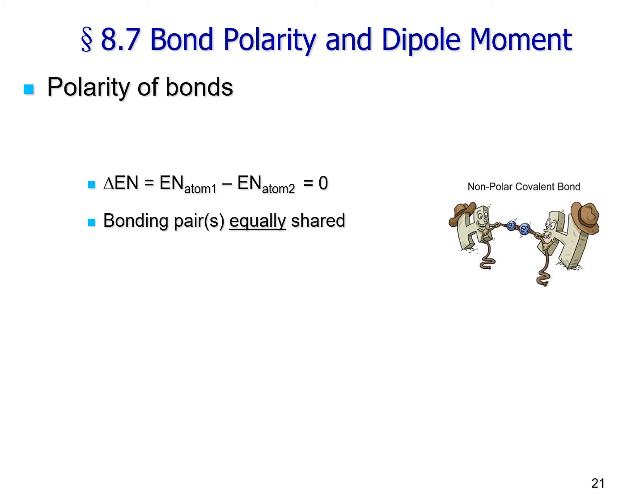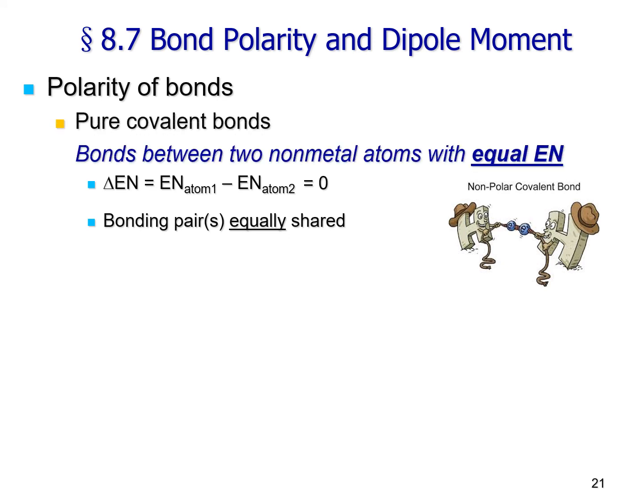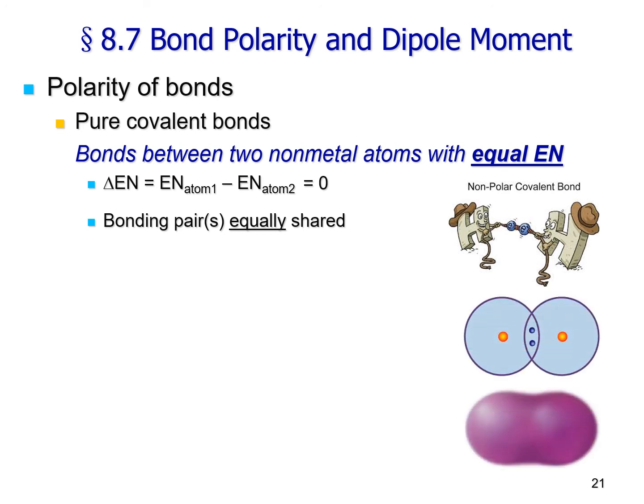So delta EN is 0. That can be used to determine the polarity of the bond. Because 0 is the electronegativity difference for a bonding pair, we call such a covalent bond a pure covalent bond: a bond between 2 nonmetal atoms with equal electronegativity.